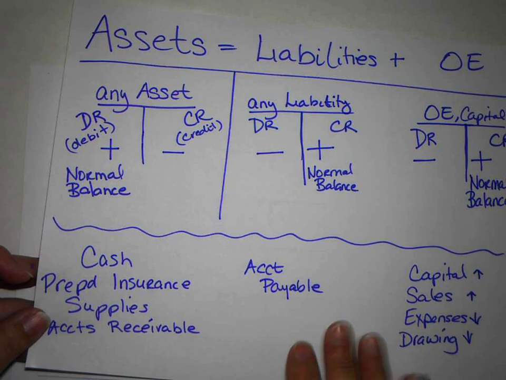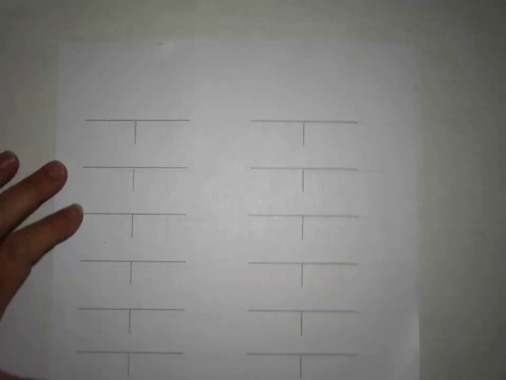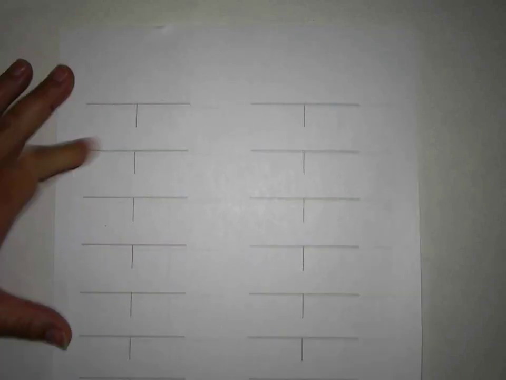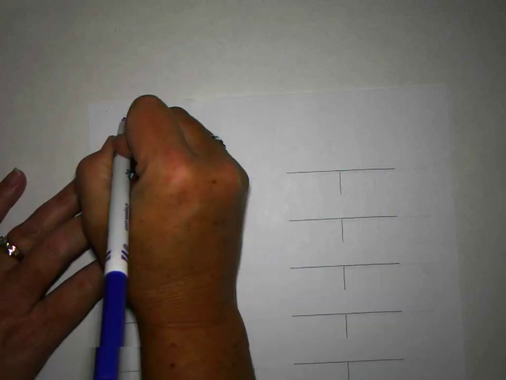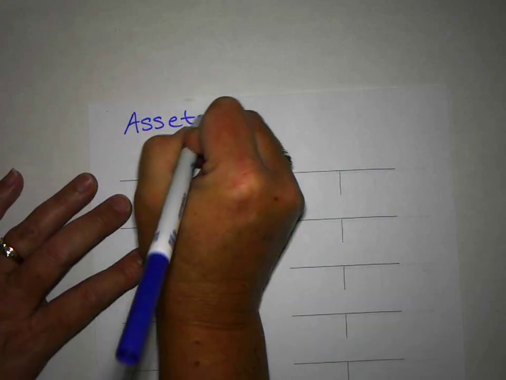Now, we're going to look at some of these actual accounts that we looked at here, and make the T's for them specifically. Okay? So on a sheet that you have that looks like this with the T's, the actual T's, we're going to start with, again, the equation at the top.